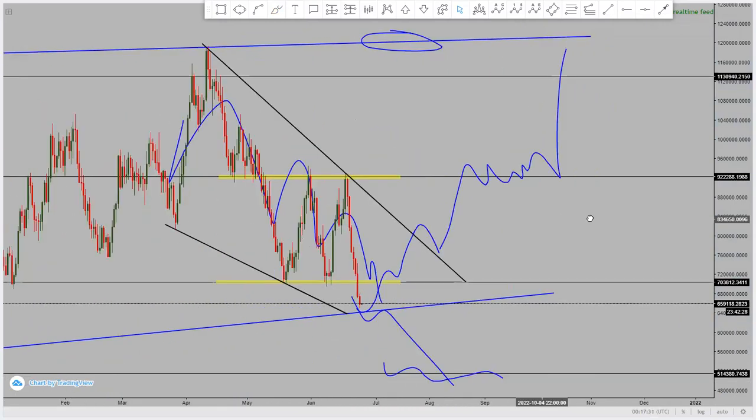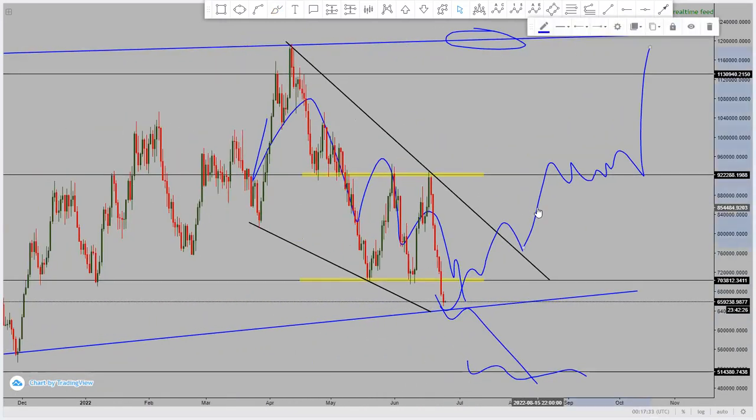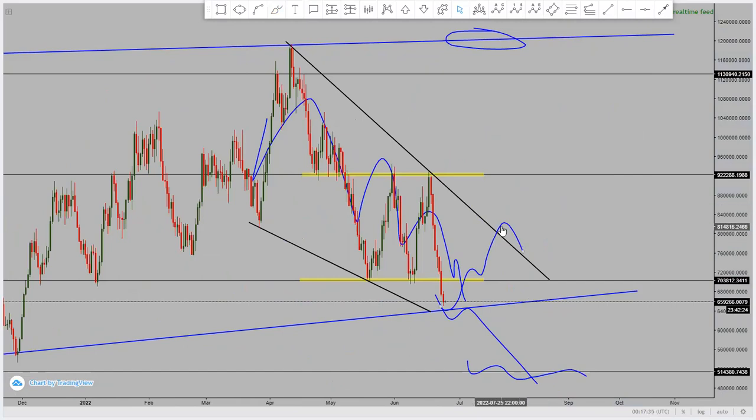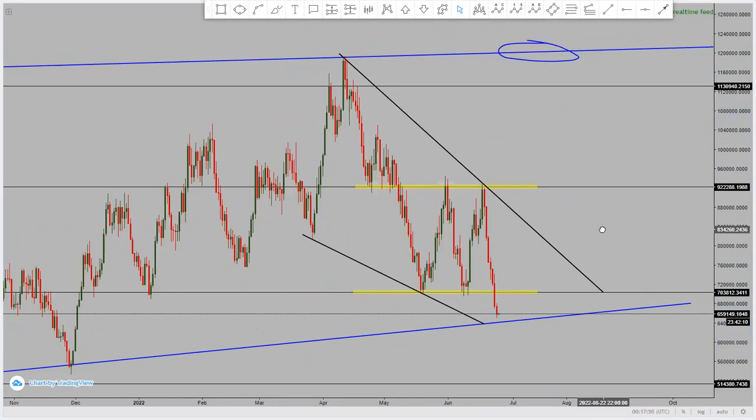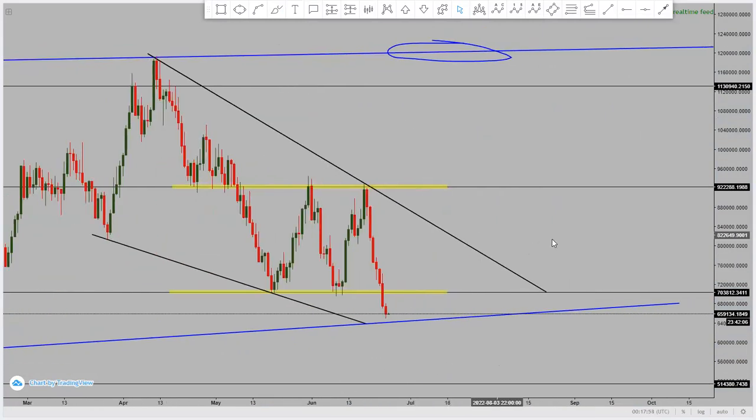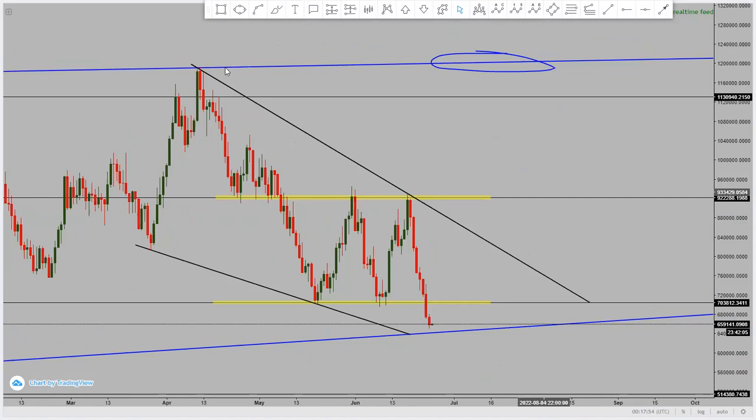So another thing that one can also look at before really considering holding buys for long is the major time frame market structure. By market structure, we're simply referring to higher highs and higher lows. For example, this has been a bearish market structure from here: lower highs, lower lows, lower highs.